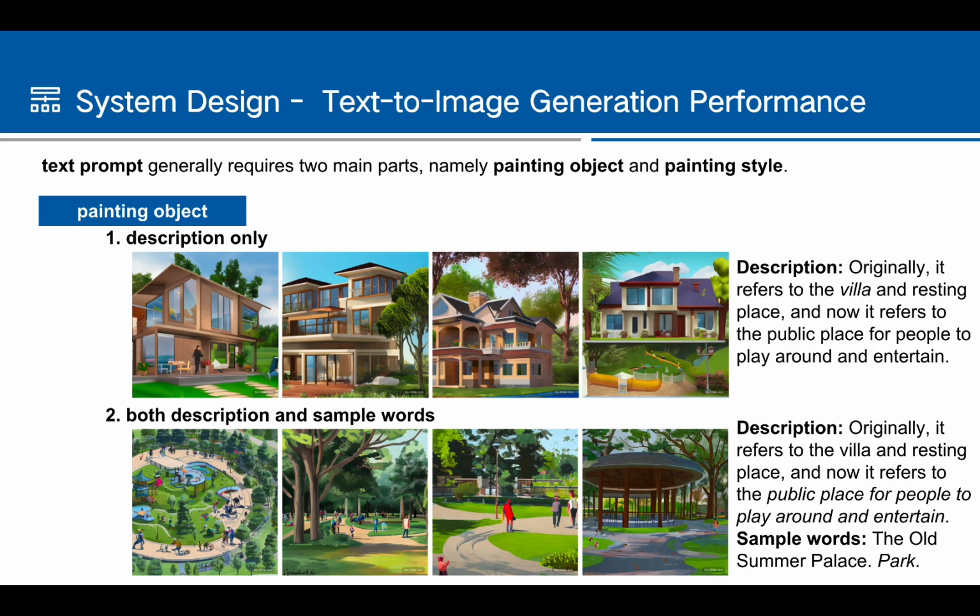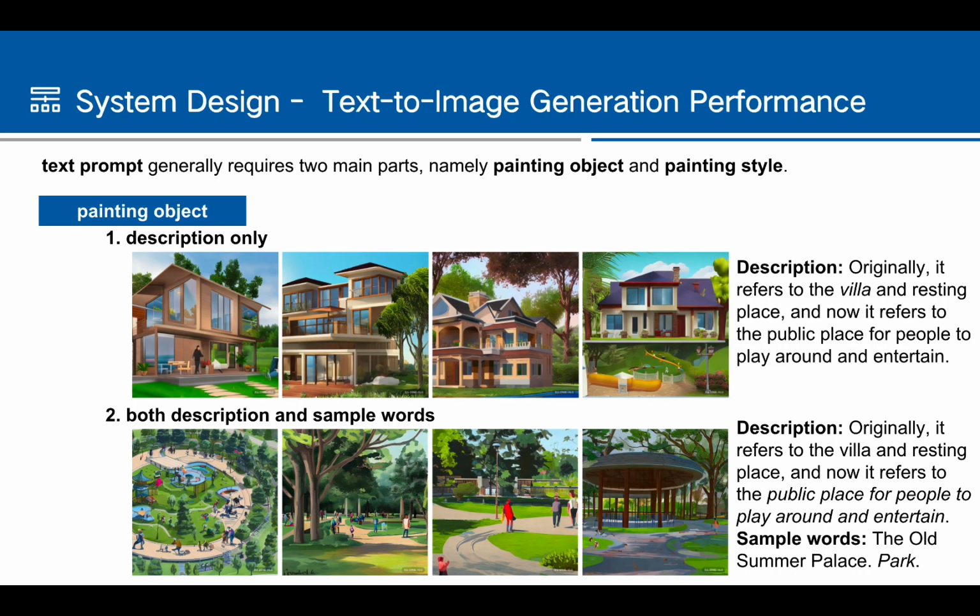Taking the definition 2 of character Yuan as an example, we request the 2 categories of text prompt separately. The result shows that both description and sample words as text prompt would provide more proper results.